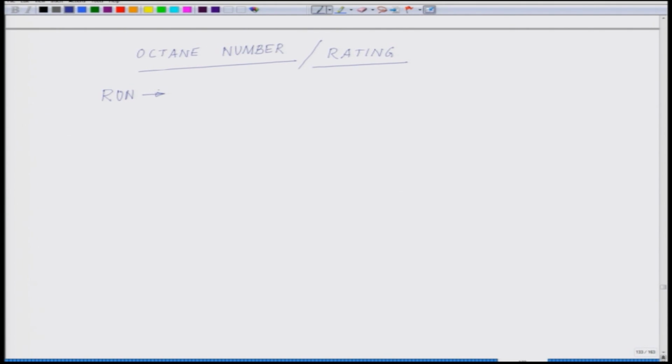This is the most simplistic expression of octane number, which is called research octane number. And if you go to a petrol pump, you will see some of these numbers, which is basically the octane number. This is a common sight you will see. I am just putting it, and whenever next time you go, you just have a look at it.